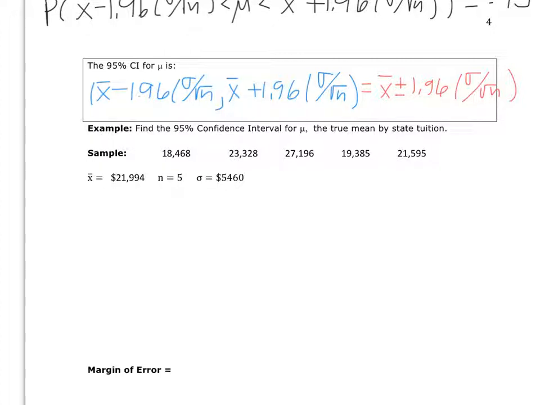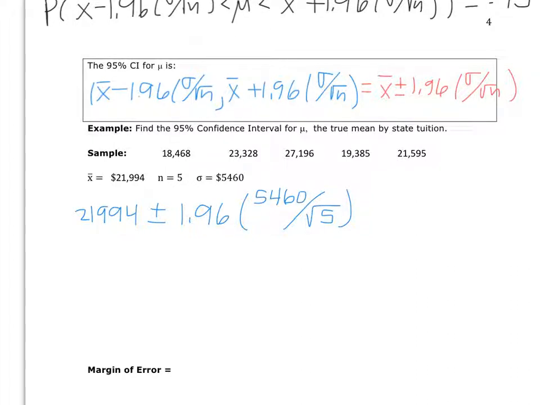So to calculate the upper and lower bound, I am going to take the mean value of 21,994, and add and subtract 1.96 times sigma, which in this case is 5,460, divided by the square root of n, so the square root of 5.